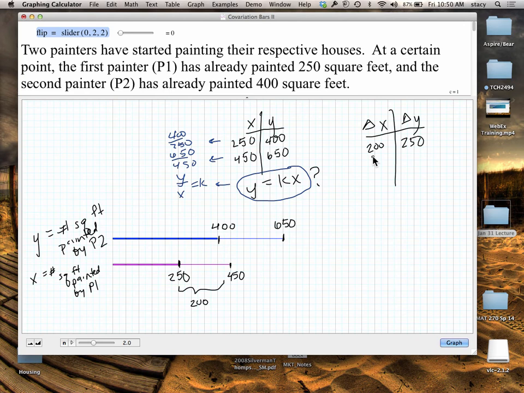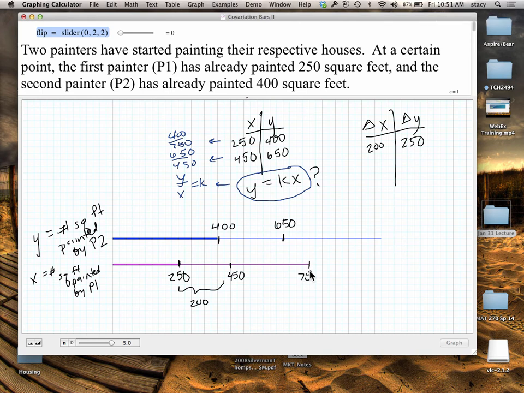So I need to actually have another, let's say that the painters both kept painting their respective houses for another amount of time, and painter 1 ended up painting another 300 square feet in his house. Okay, so now painter 1 is out to where?